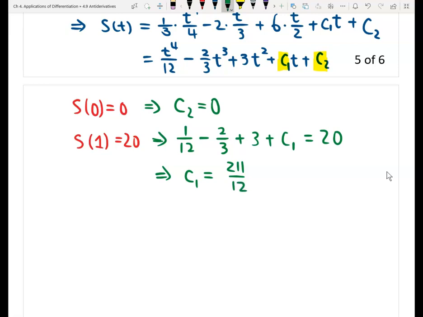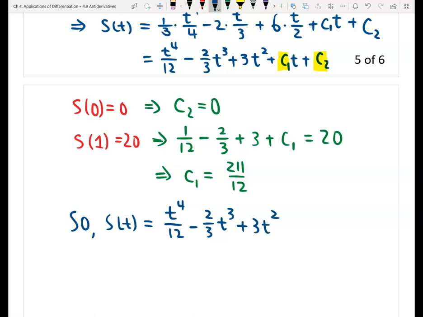It's already done. So now what do we do? We can conclude the specific solution is this one. The specific position function s(t) is this: t raised to the fourth power over 12 minus 2/3 times t raised to the third power plus 3 times t squared.